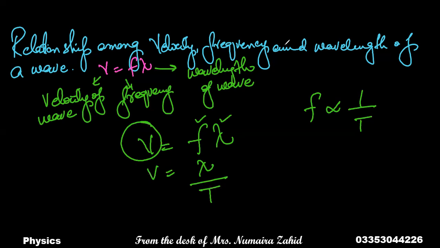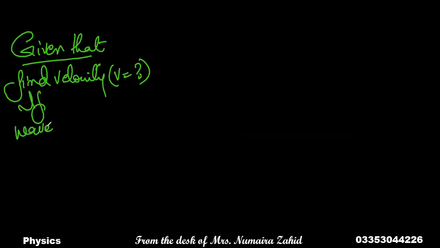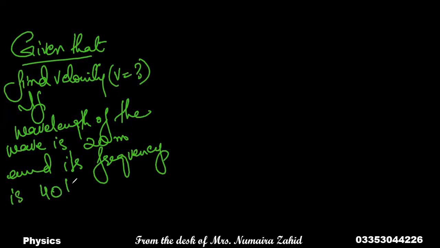So there may be two types of numerical problems. Number one: find velocity, that is V equals question mark, if the wavelength of the wave is 20 meters and its frequency is 40 hertz.